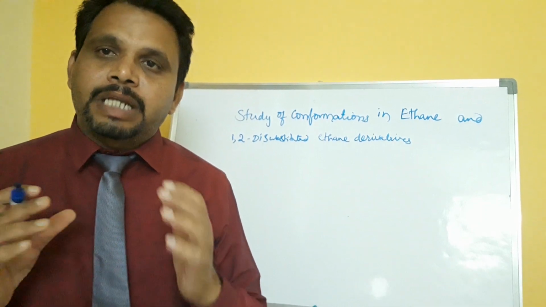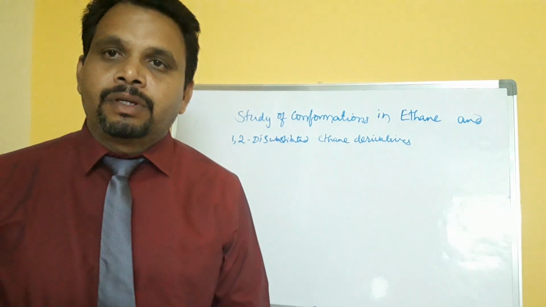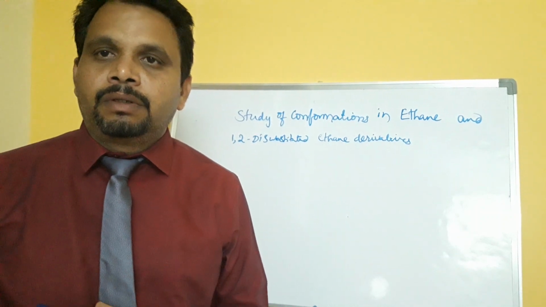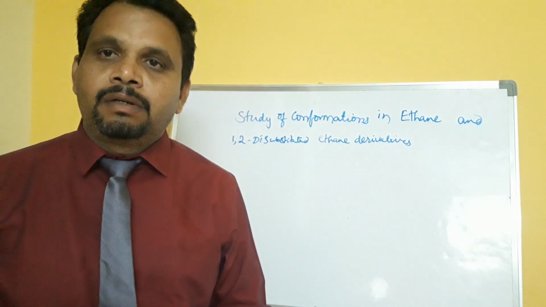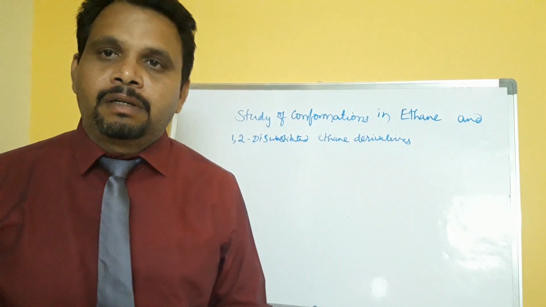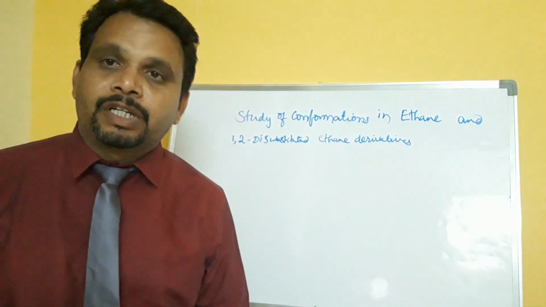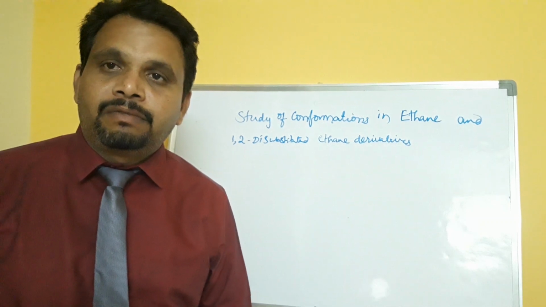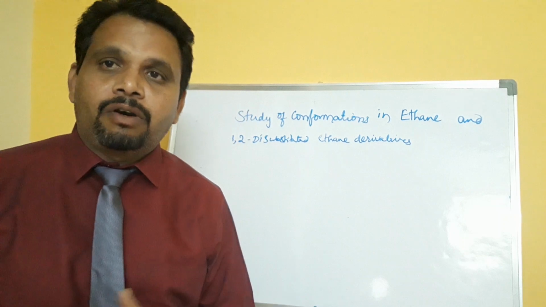The staggered conformer is more stable than the eclipsed conformer, due to steric hindrance, eclipse strain and van der Waals repulsions, which are all there in the eclipsed conformer, whereas in the staggered conformer all these are absent.